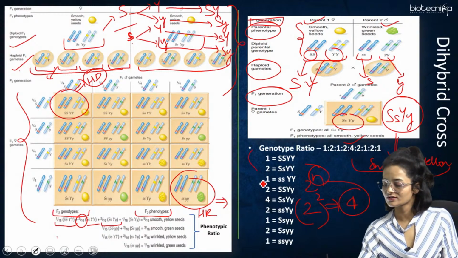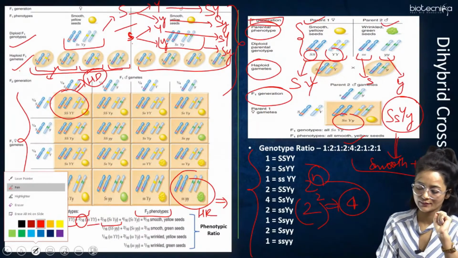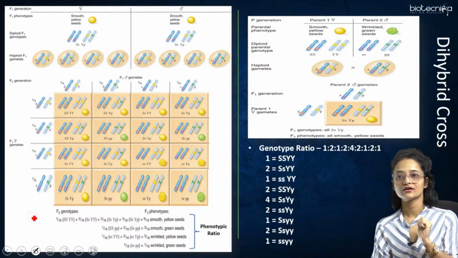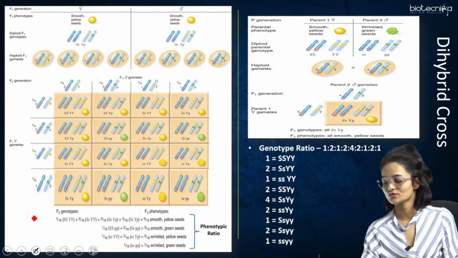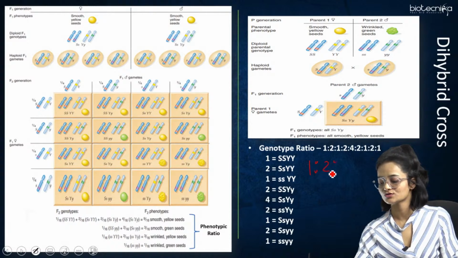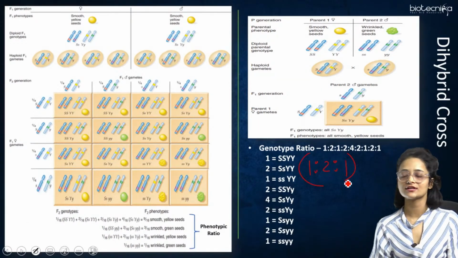So here the genotypic ratio is given, right? How can we calculate the genotypic ratio through the monohybrid cross? That is the major question, right? In a monohybrid cross, the genotypic ratio is 1:2:1. In case of a dihybrid cross, it would be the square of this ratio.